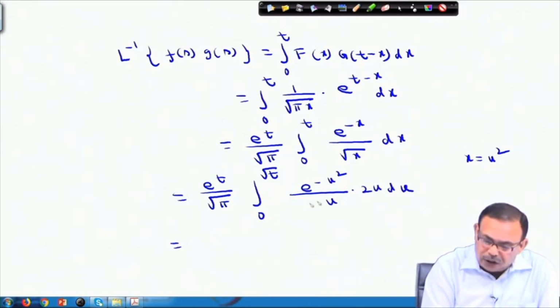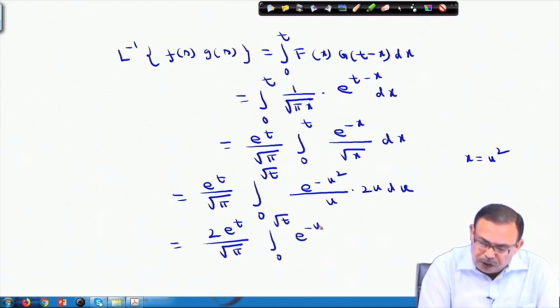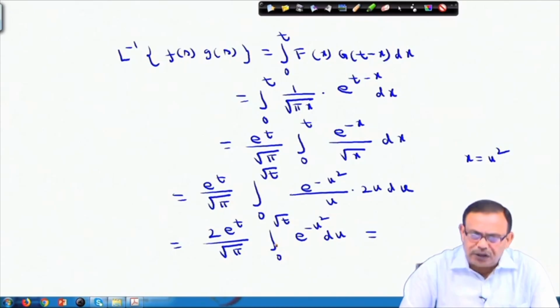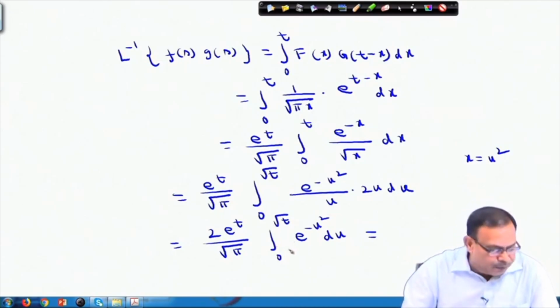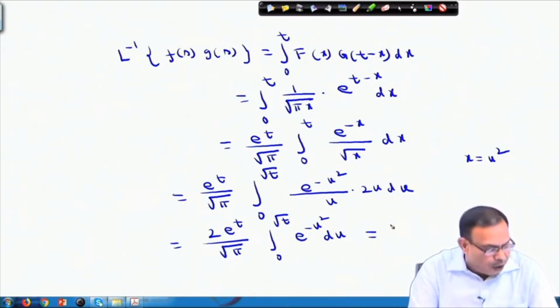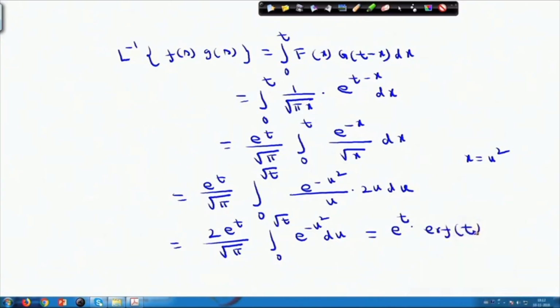So, 2 will go out: 2 e to the power t by root pi, integral from 0 to root t of e to the power minus u square du. And if you remember, this is nothing but the error function which we have done in earlier lectures: the error function of root t is the integral from 0 to root t of e to the power minus u square du. So, I am obtaining this as e to the power t into erf of root t.